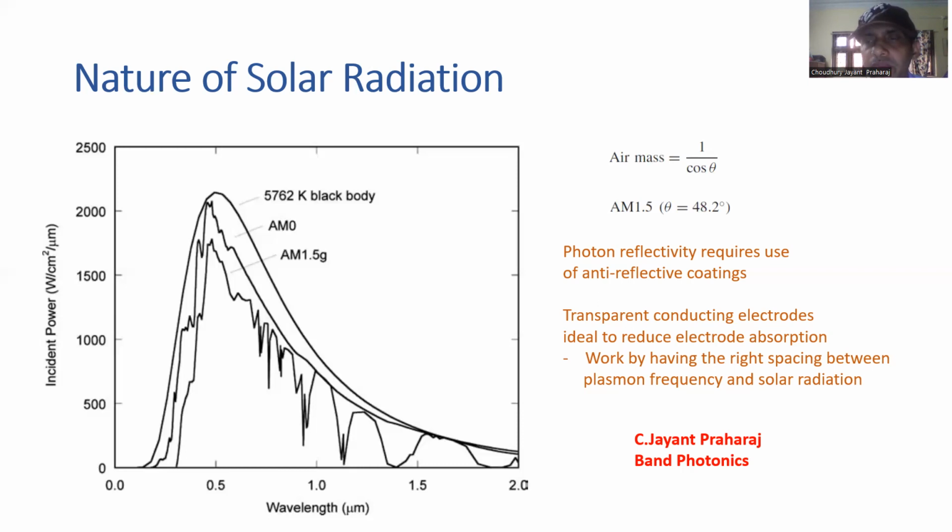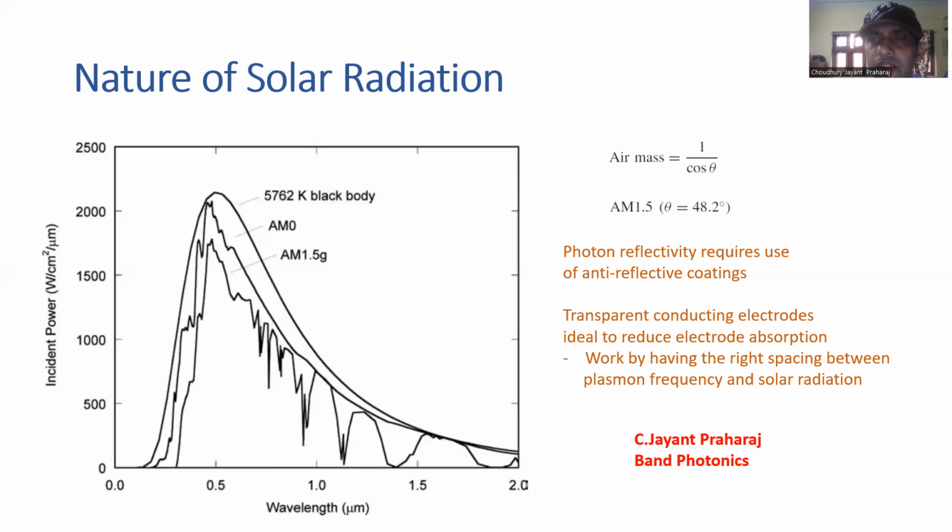Now the electrodes have to be made of conducting metals or conducting materials, and these tend to reflect and also to some extent absorb radiation. And we need to have transparent conducting electrodes in order to reduce the electrode absorption and reflection. And so these work by having the right spacing between the plasma frequency and solar radiation.